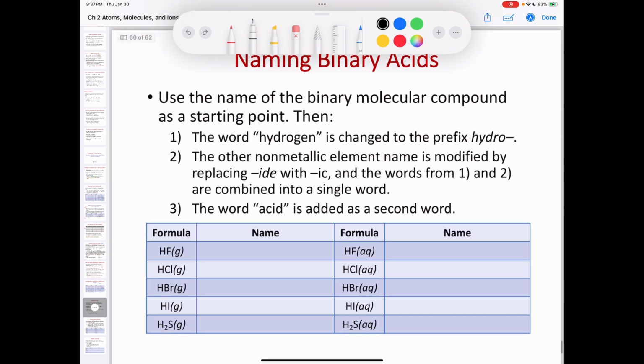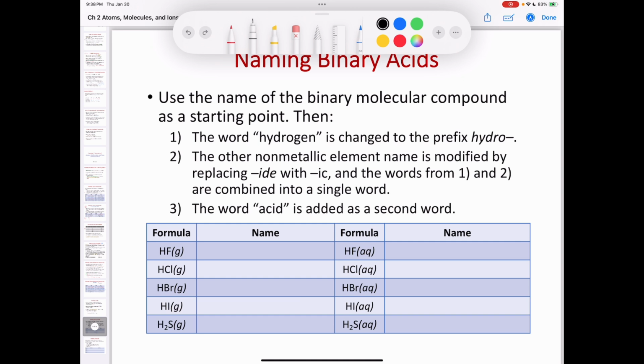gas, or aqueous. And so to name a binary acid, it says use the name of the binary molecular compound as a starting point. Then the word hydrogen is changed to hydro. Okay, fine. Other non-metallic element name is modified by changing "ide" with "ic." Okay, and the words from 1 and 2 are combined into a single word. So hydrofluoric, right? Hydrochloric, right?